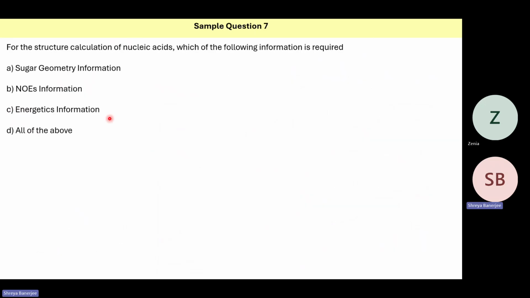The next question is asking, for the structure calculation of nucleic acids, which of the following information is required?